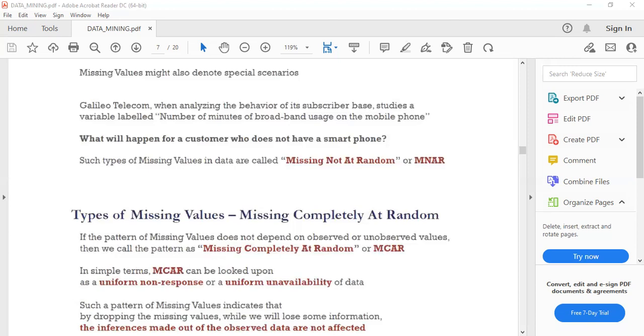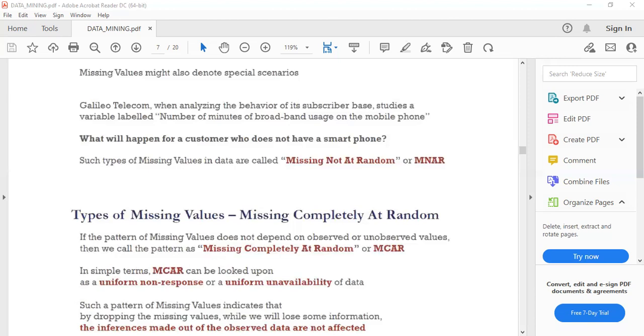Another example of missing not at random, in public opinion research, occurs if those with weaker opinions respond less often. So MNAR, missing not at random, is the most complex case.